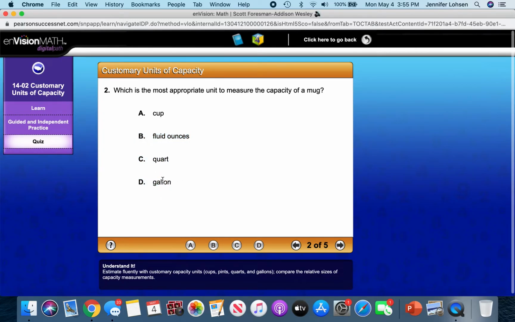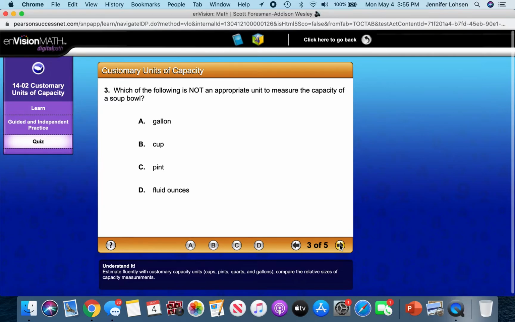Well, right away, I know that these two are way larger than 1 cup or than 1 mug, so it's not going to be that one. I'm stuck between A and B at this time. Again, a cup is going to be probably about the size of a mug, maybe a little bit larger, so the most appropriate unit is going to be fluid ounces, which is our smallest customary unit of capacity.